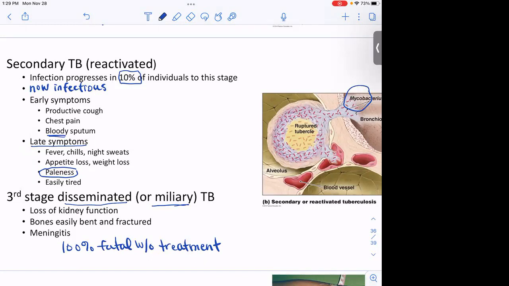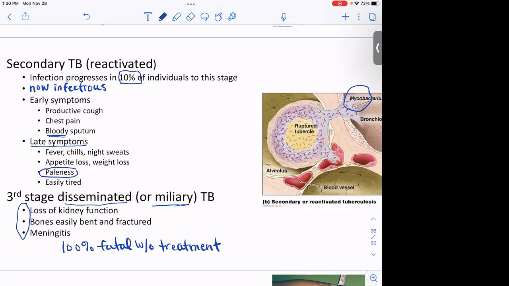So this can really impact any part of the body. You lose kidney function, it can get in the bones, it can enter the brain, end up in coma or cardiac arrest. So typically, again, it takes a long time to get to that point, and some people won't ever get to that.